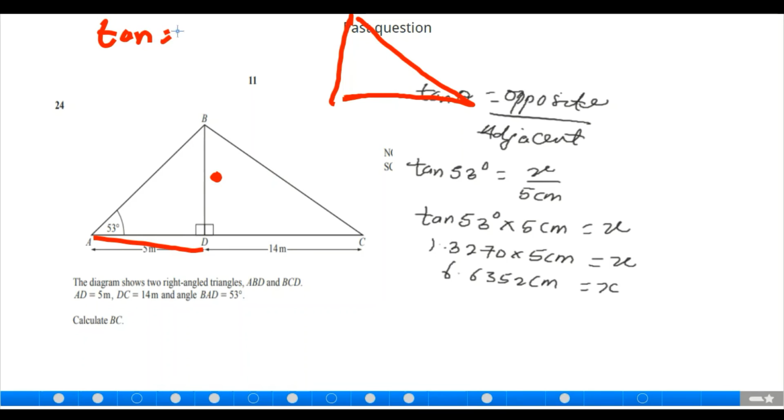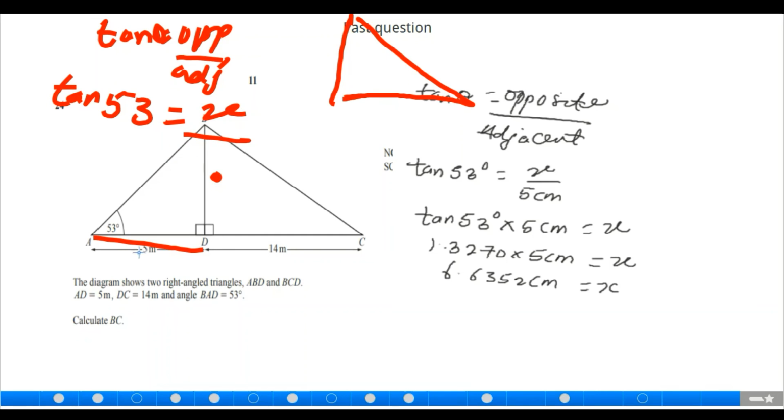Tan theta equals opposite over adjacent. Here theta is 53 degrees. Opposite is BC, so let's assume the opposite is X, divided by the adjacent, 5 centimeters.